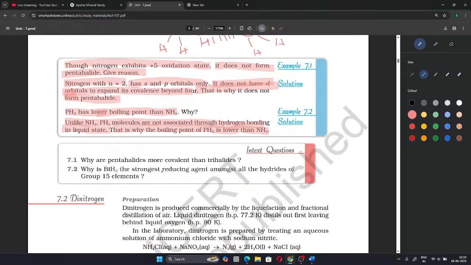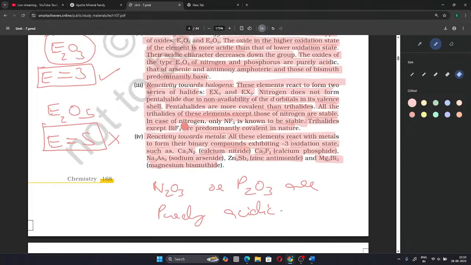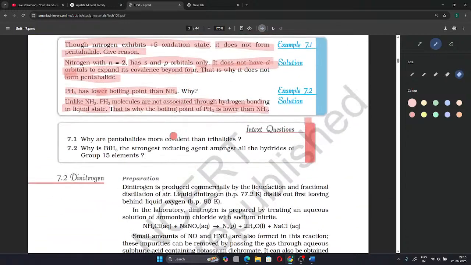Okay, then why are pentahalides more covalent than trihalides? If I remember correctly, they gave that trihalides except bismuth fluoride are predominantly covalent in nature.